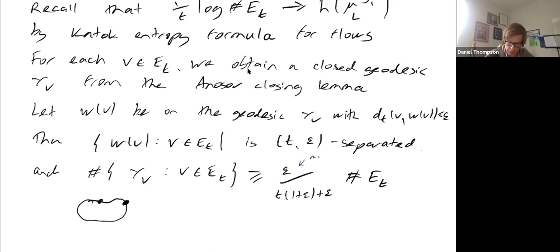All I'm doing is this factor is just coming from: what's the worst thing that can happen with the number of things which are packed onto the same geodesic? Well, they're epsilon separated.